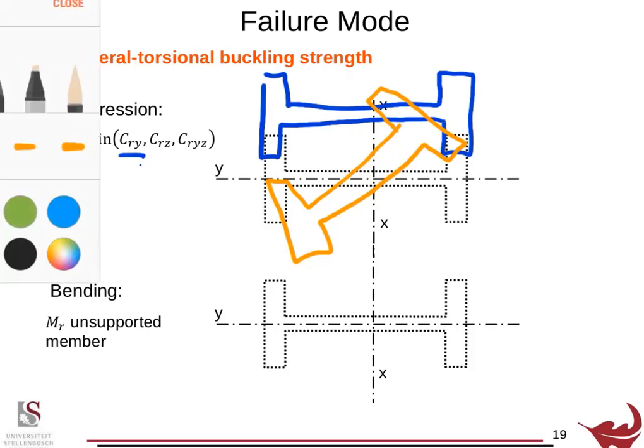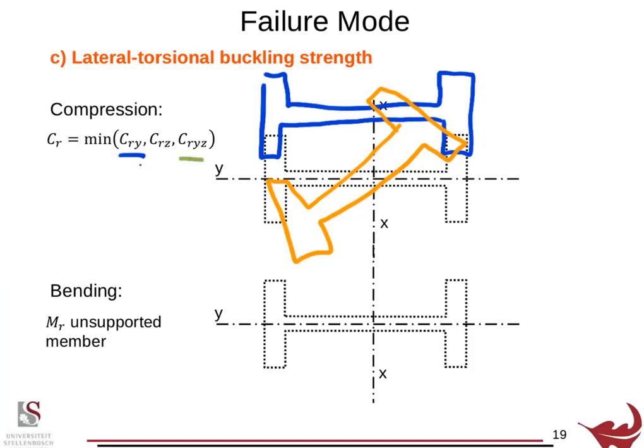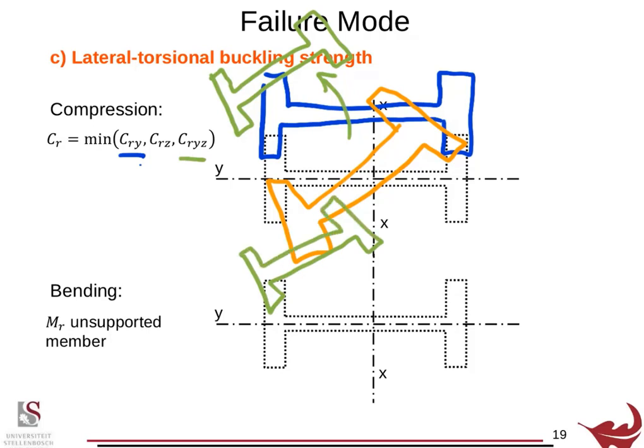Or we end up with a lateral torsional failure. So the whole section buckles outwards and twists at the same time. So that is then a lateral torsional failure. And when we check our beam, we are checking a lateral torsional failure, like so. So we need to check for that behavior as well.